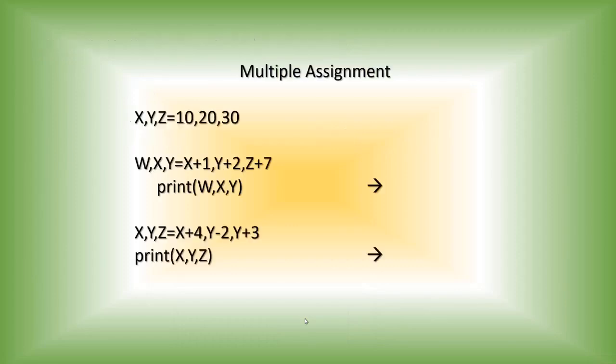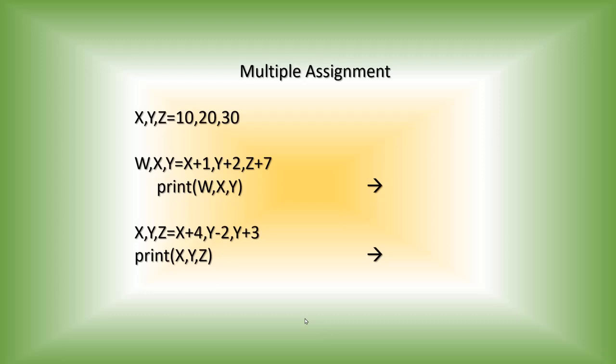Next we can see multiple assignment. See the first example. I have written three variables on the left side: x, y, z = 10, 20, 30. So three values on the right side, three variables on the left side. How is the assignment going on? 10 is given to which variable?